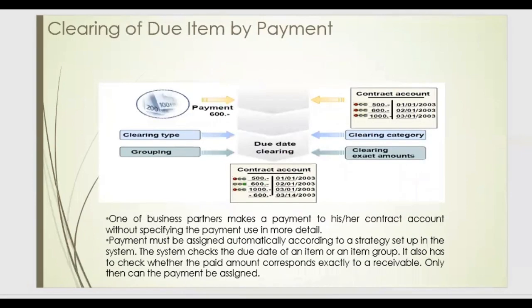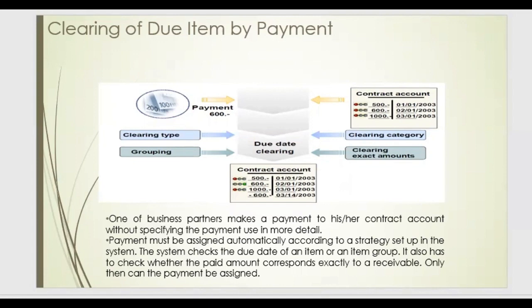So the amount which needs to be settled is called the due item, and that due item is linked to a date which we call the due date for clearing. If the due amount is paid before the date or on the date, everything is well and good.